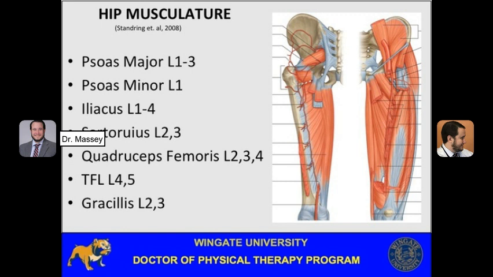And getting into hip musculature now, so our psoas minor, which we can't really see in this picture, being absent about 40% of the time actually, and this is going to be anterior to that psoas major that we've talked about, and it's thought to be a weak flexor of the trunk potentially. So our iliacus, basically going from that iliac fossa there on down and blending in with our psoas major.